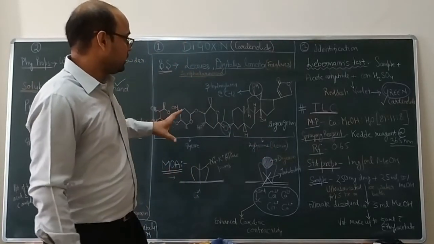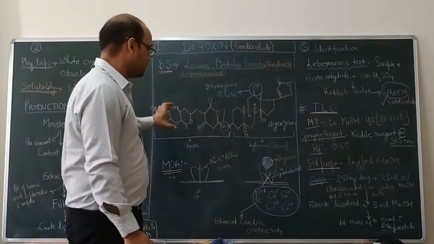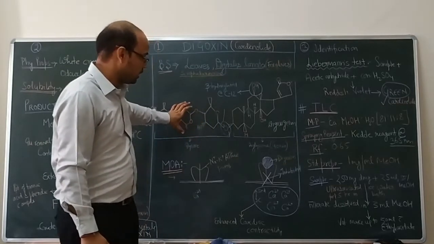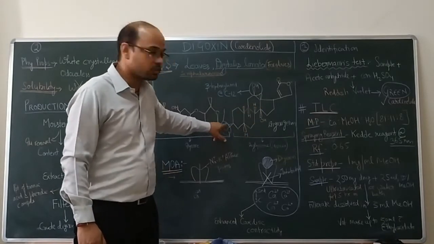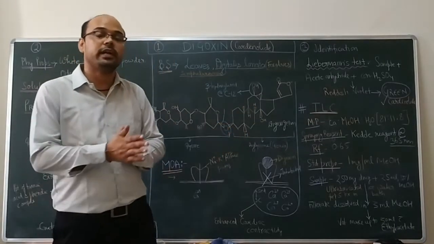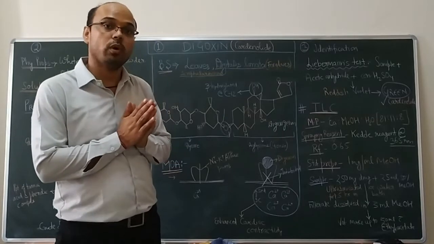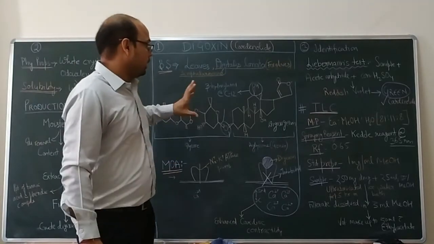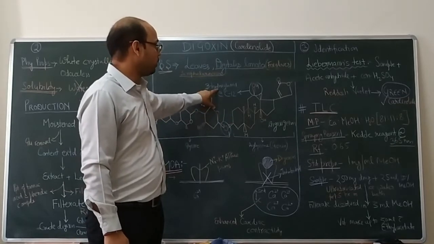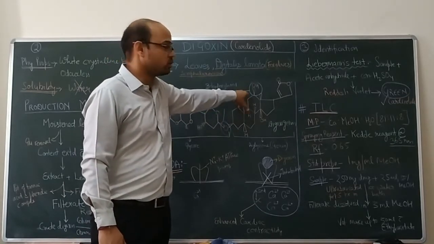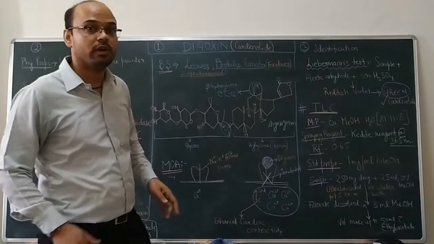If you look at the chemical structure, you see that the glycone is attached with the aglycone moiety using oxygen. So you can also classify it in the category of O glycosides. If you see in the structure, they are beta hydroxylated. There is a hydroxylation at beta position at C12 position.